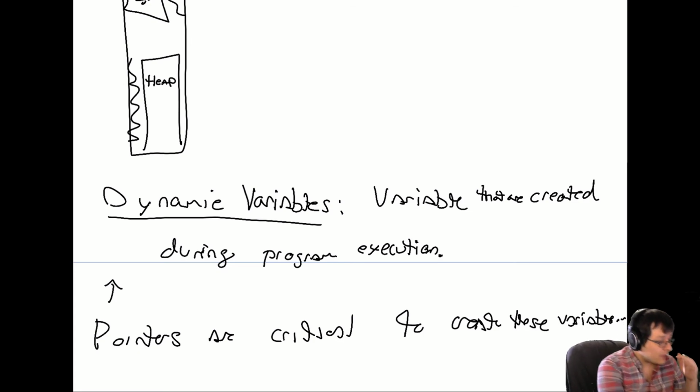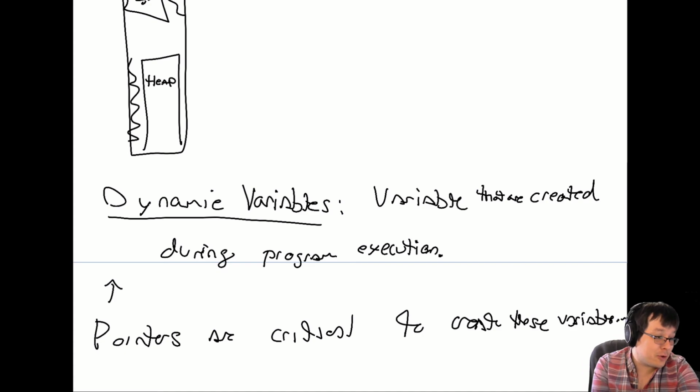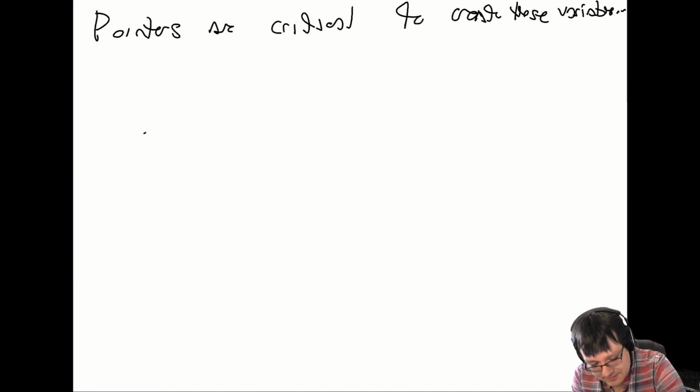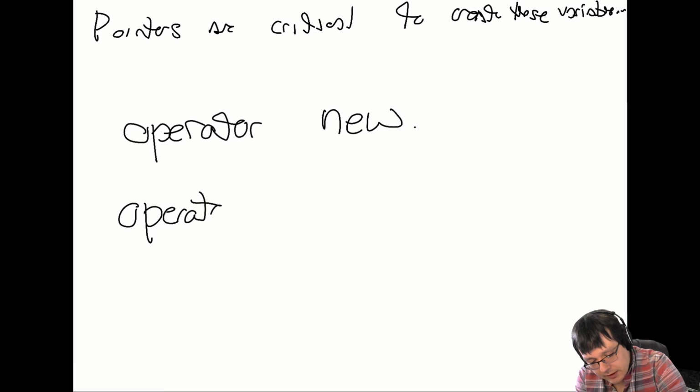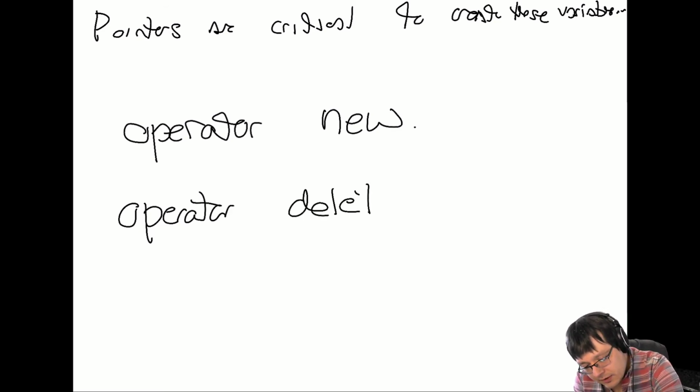Okay? So, to allocate these dynamically allocated variables, you're going to need to learn about two new operators. Pun intended, because the operator is called new. Or one of them is. There's also, I'll skip ahead and put it in here so I don't forget, an operator called delete.